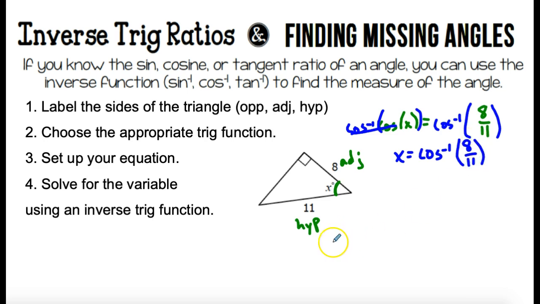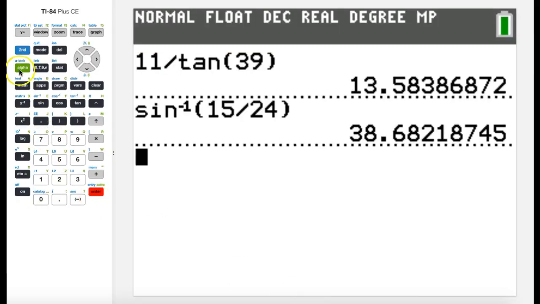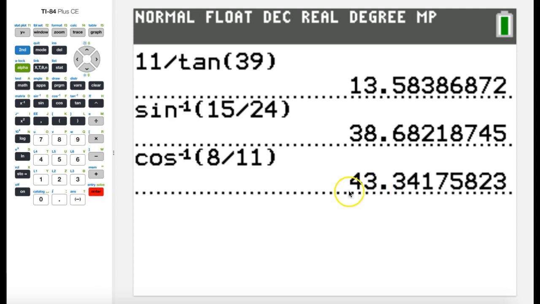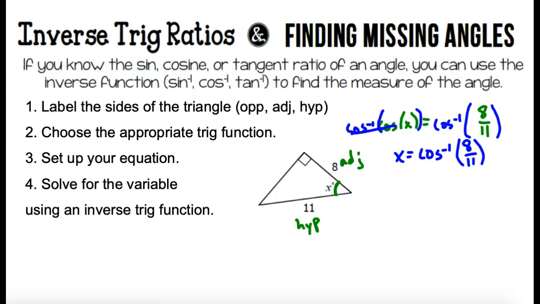All right, so let's put that in the calculator. Second cosine of 8 divided by 11, and we get 43.3. Since this number is less than 5, this will not get rounded up. So 43.3 degrees is the measure of this angle here.